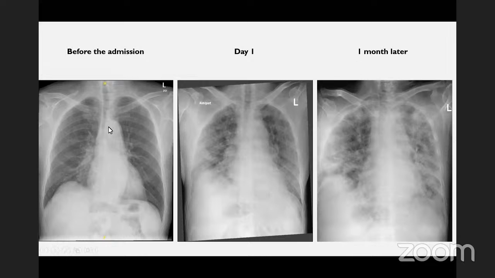As you see, this patient had an X-ray before his admission, actually during one of his outpatient follow-ups in our hospital, which was totally good compared to the X-ray on the day of admission and the X-ray after one month from the hospitalization. This X-ray shows the complications and sequelae after the COVID infection. This patient required oxygen supplementation until reaching non-invasive ventilator support.